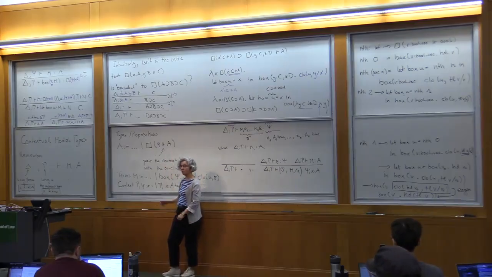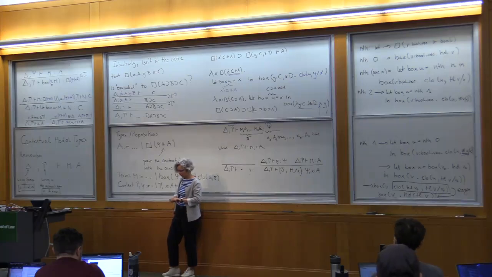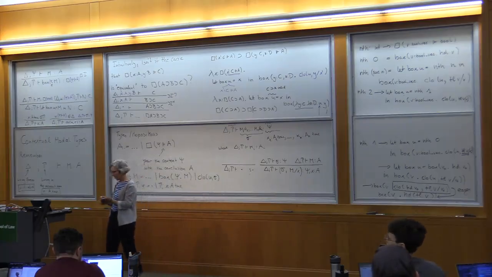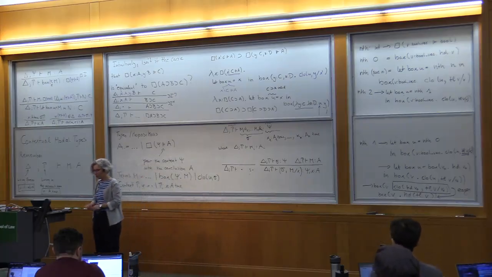I think this is very cool, but my question is more of a soft history question. When you were working on these contextual modal types, were you motivated by the problem first and you tried to develop the theory, or did you work out the beautiful theory and try to find where to fit it in a type system? That's an interesting, good question.